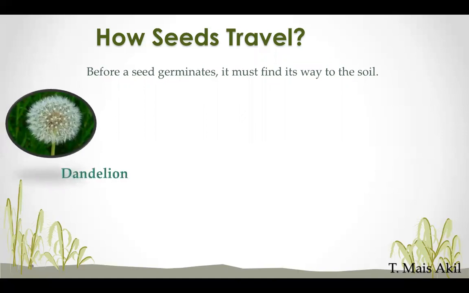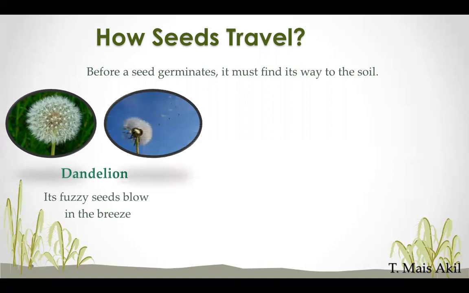This plant has fuzzy seeds, and these fuzzy seeds can be blown in the breeze, as you see in this picture. They can move into another place, then fall into the soil and grow into new plants.